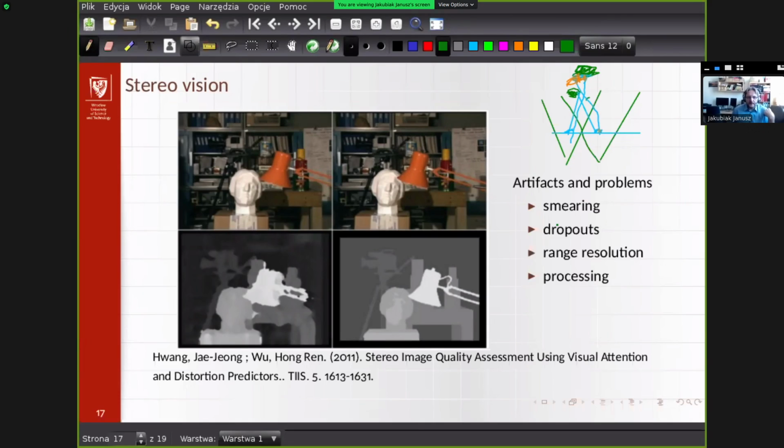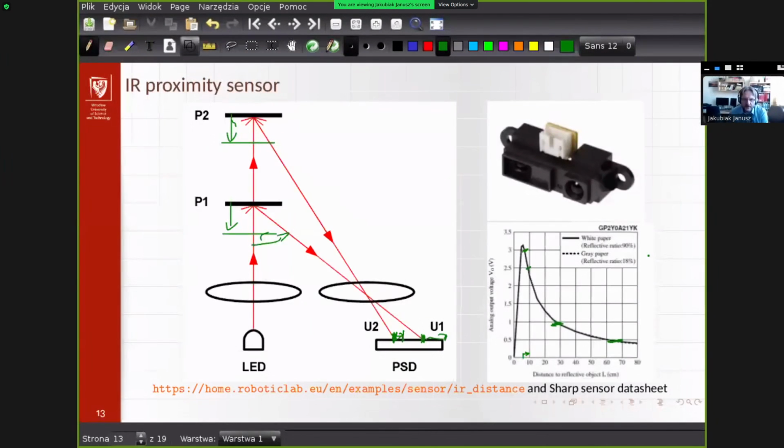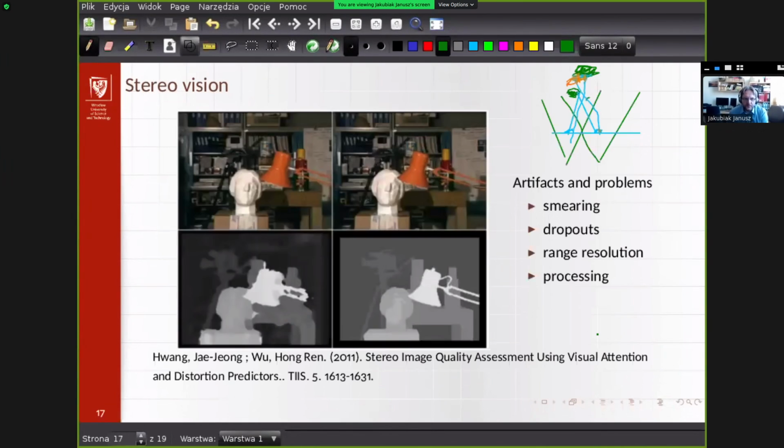Then another part is the range resolution, and that's the thing that we are showing with this infrared sensor. Yes, so the resolution drops with the range, so the precision of the distance measurement drops as well, and again the approximation of the distances.